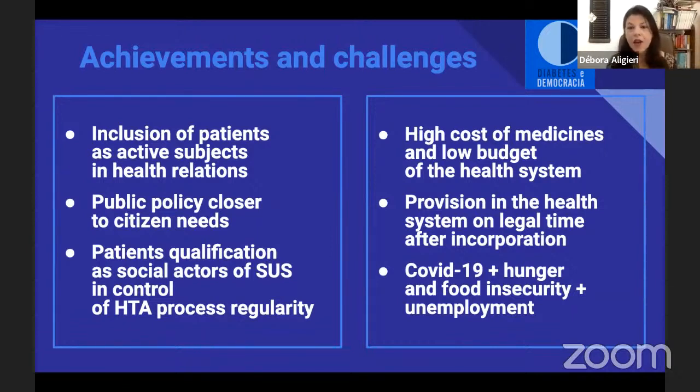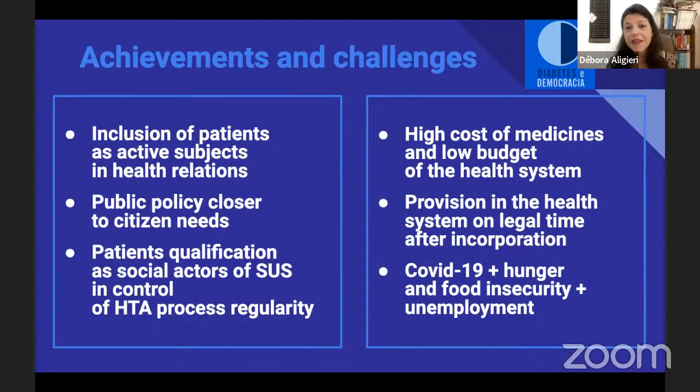The challenges are many, but I think the three most important are the high cost of medicines and low budget of the health system. Now our budget is frozen for 20 years. The provision in the health system within legal time after incorporation, because the law says 120 days after the incorporation the medicines must be in the system, but it doesn't occur this way.